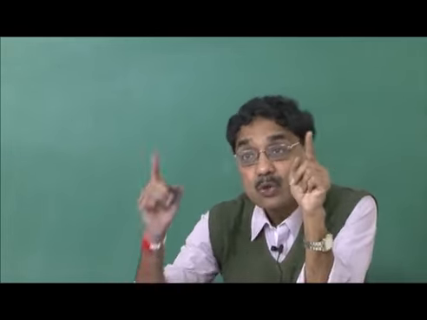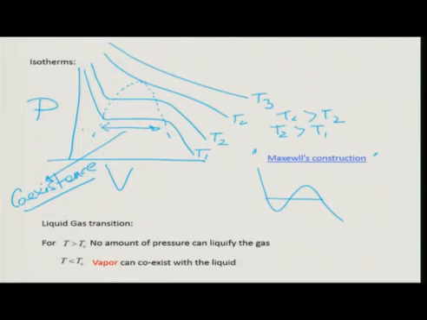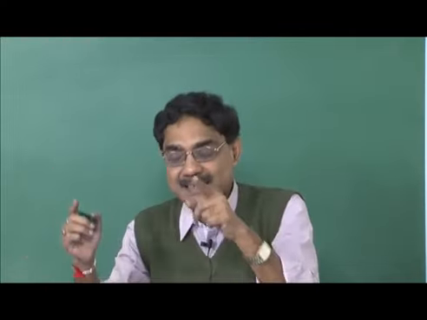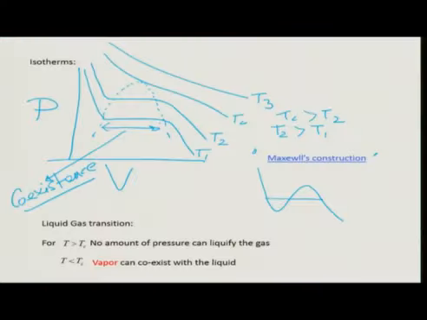You see, through a coexistence region, below Tc there is a coexistence region. I change pressure, I go from liquid phase to the gaseous phase or the vapor phase through a coexistence region in which liquid and vapor coexist, and above the critical temperature no amount of pressure can liquefy a gas.